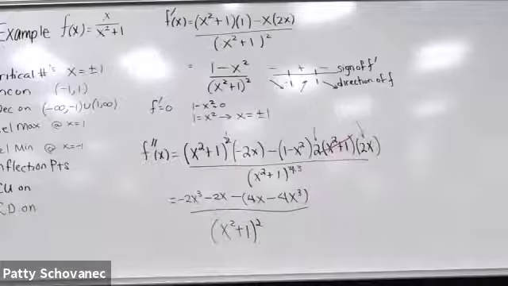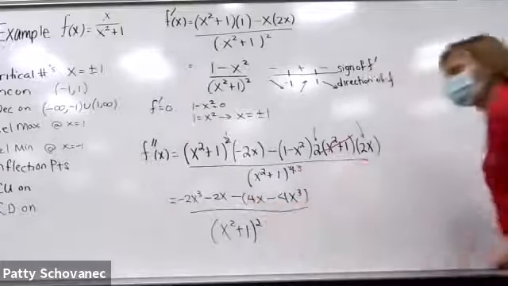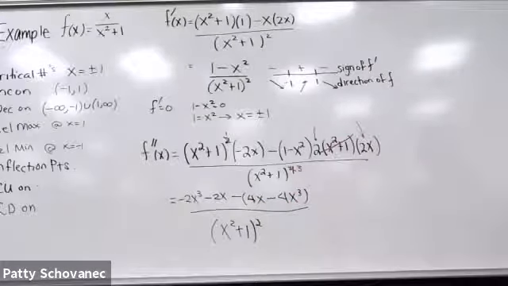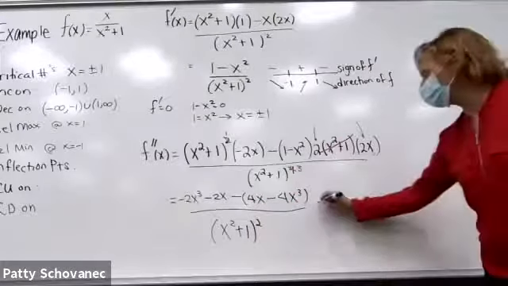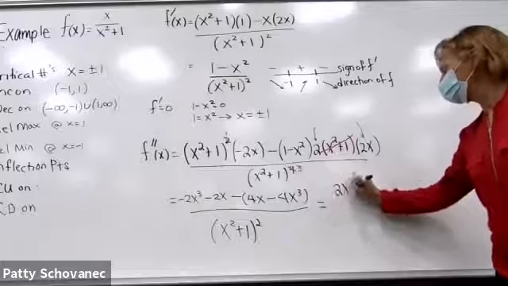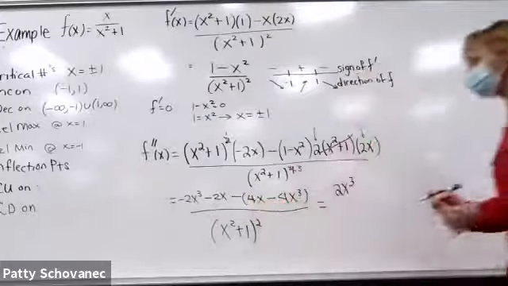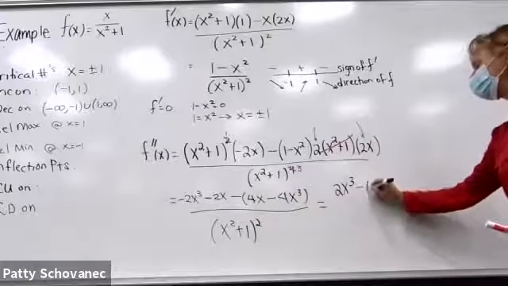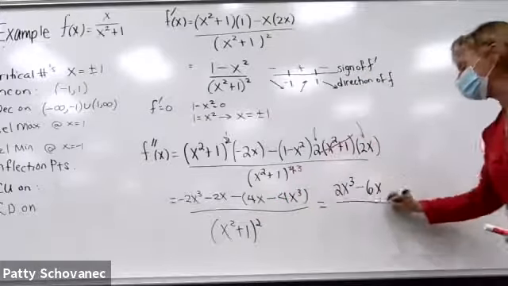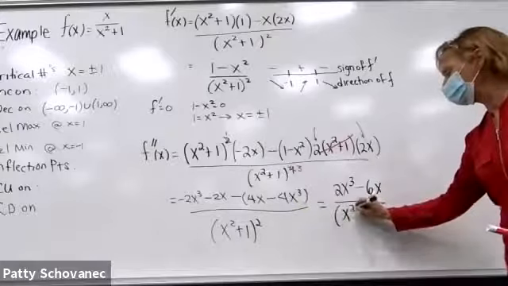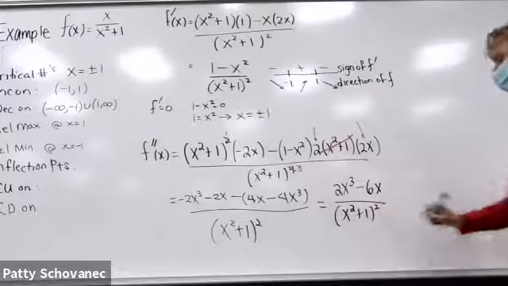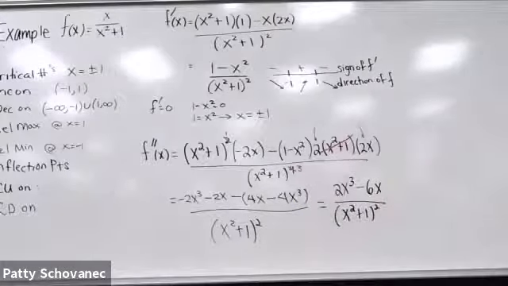So let's look at the x cubed terms. I have a negative 2x cubed plus 4x cubed, which gives me a positive 2x cubed. Then I have a minus 2x minus 4x to give me a minus 6x. That good for you?